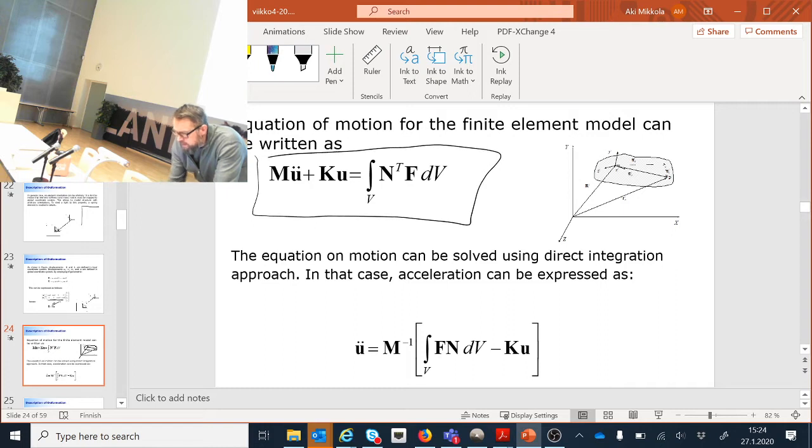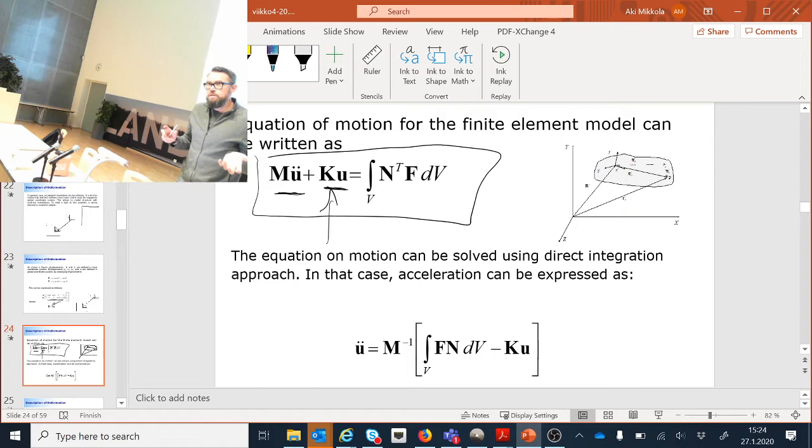So simply what I have here are inertia forces that are described with respect to nodal degrees of freedom. All right? Mass multiplied by acceleration. Then I have here my displacement, multiplied by the stiffness matrix. So these are elastic forces that are trying to put the structure back to its undeformed configuration.